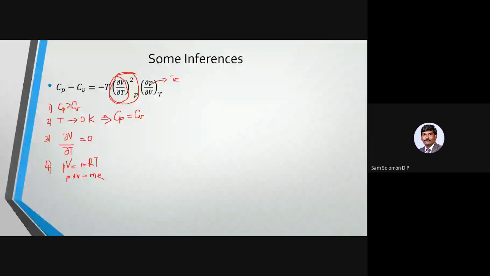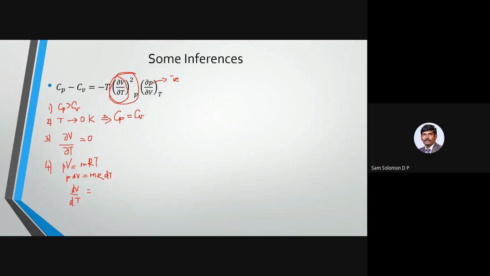If you are differentiating, you can write dV by dT is equal to mR by P, because what we require is dV by dT. I am just differentiating volume on the left hand side and differentiating temperature on the right hand side.